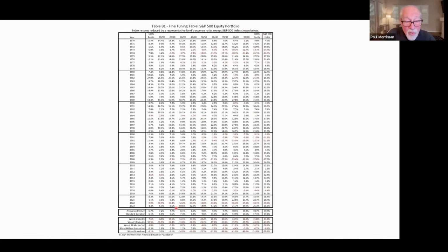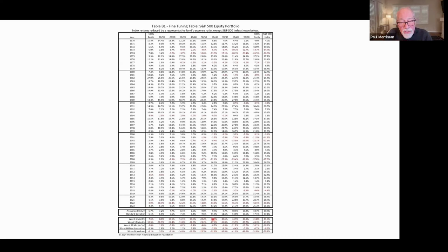If we got down to 80% in bonds and 20% in the equities, we get down to a 7.7. And finally, if we were all in bonds, the compound rate of return was 6.7. So you could decide how much risk you're willing to take, and that is where we try to help you.